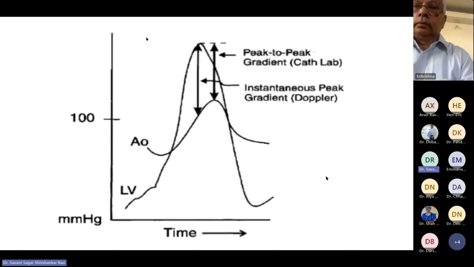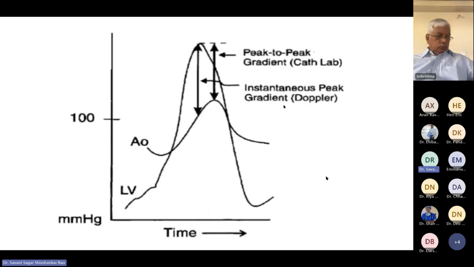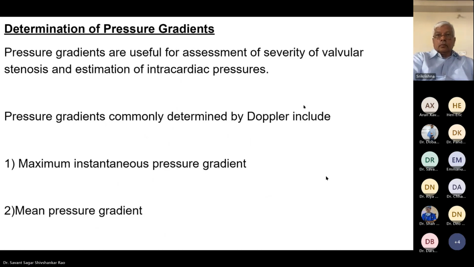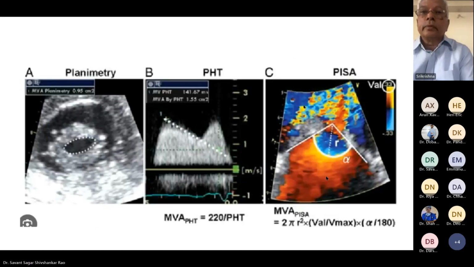The gradient assessed by Doppler is always higher than the gradient assessed in the cath lab. In the cath lab, we assess a peak to peak gradient, which is always lesser than the Doppler assessment. So mainly we get a maximum pressure gradient and a mean pressure gradient.